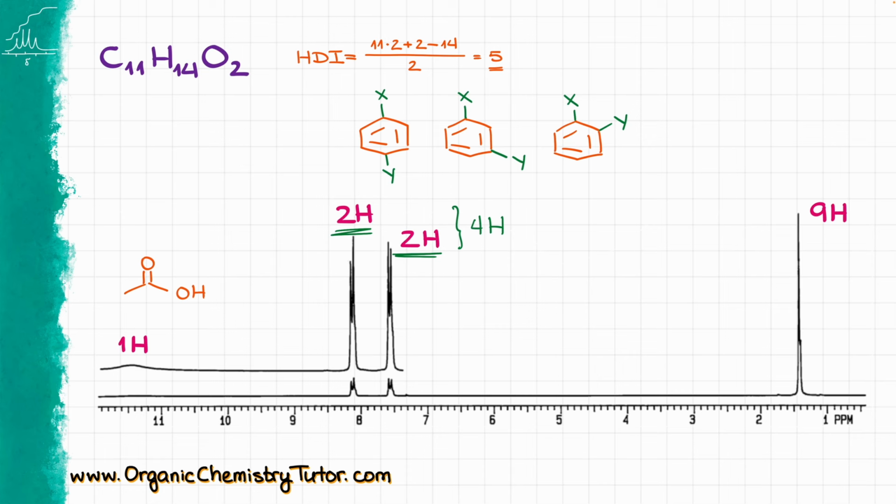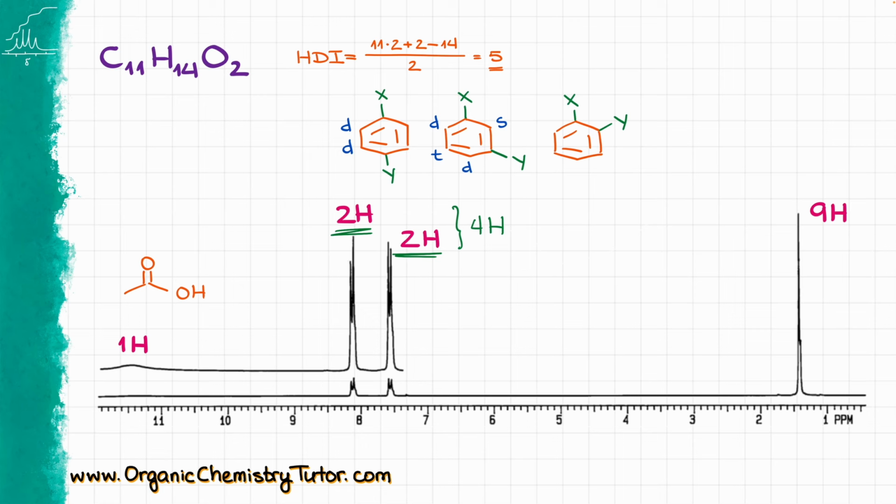So how do I know? There are two ways we can determine that. First of all, the number of signals. Due to the symmetry, the first one is going to give you only two signals. You are going to have these two, and you are going to have those two, which are going to be the same. From the perspective of splitting, we are going to expect a doublet and another doublet. The middle one, the meta product, we would expect to see a doublet, triplet, doublet, and a singlet.